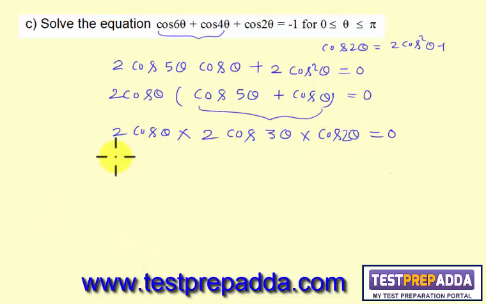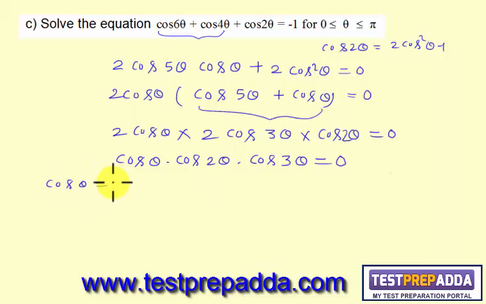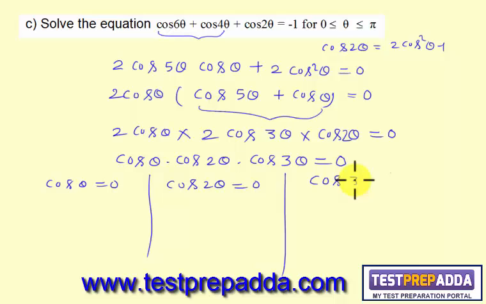So at the end the equation can be written as cos theta into cos 2 theta into cos 3 theta is equal to 0. So what can we say? Either cos theta is equal to 0 or cos 2 theta is equal to 0 or cos 3 theta is equal to 0. Got it?